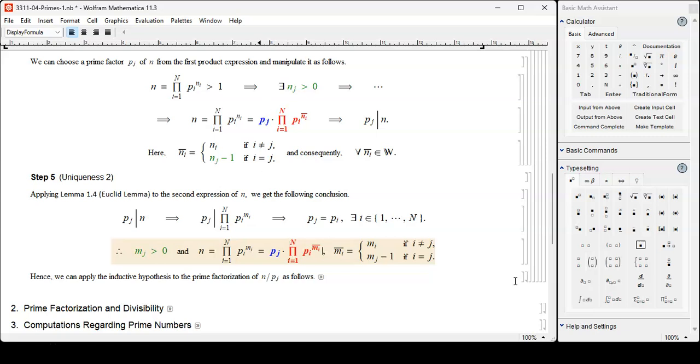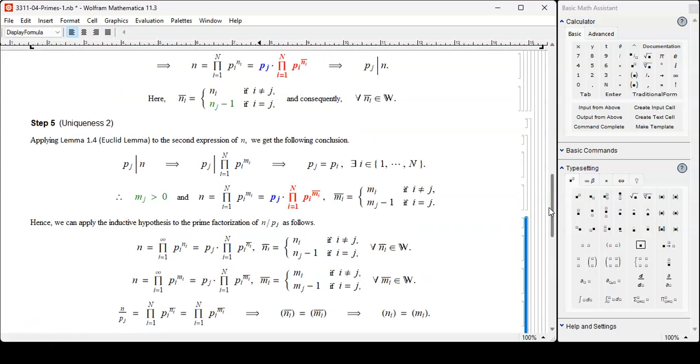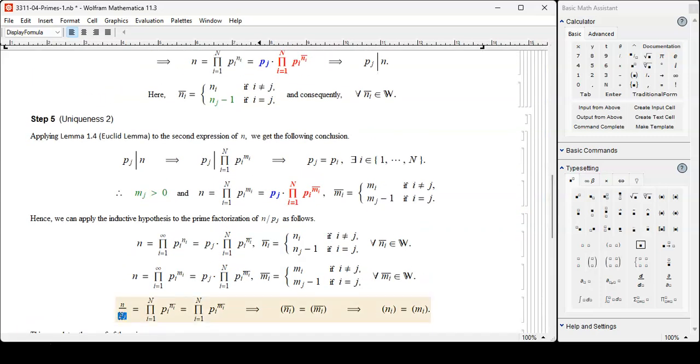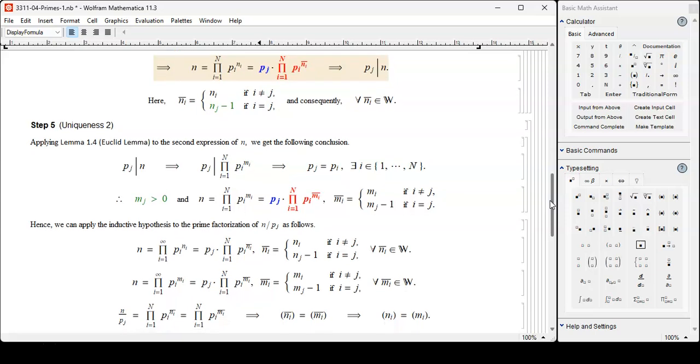And then these two are the same, of course, so let's consider n over pj. You see, n over pj, I divided this pj away. Are they all in the same viewing window? Barely, but they are. Divide away, so we have n over pj, and what's left is this red, and then this red.